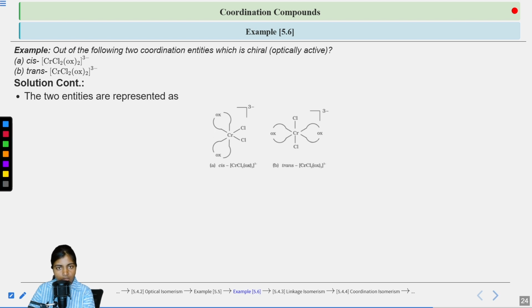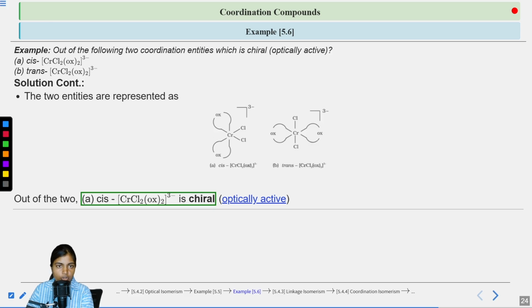No plane of symmetry or center of inversion is present in the cis isomer, and the plane of symmetry and center of inversion are shown by the trans isomer. So out of the two, the cis-[CrCl2(ox)2]3-, is going to be chiral or optically active.